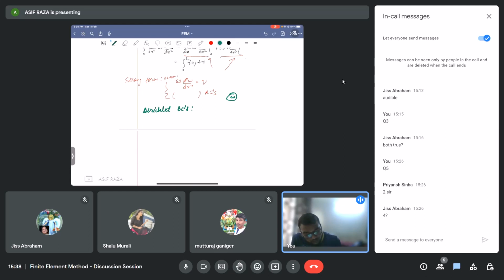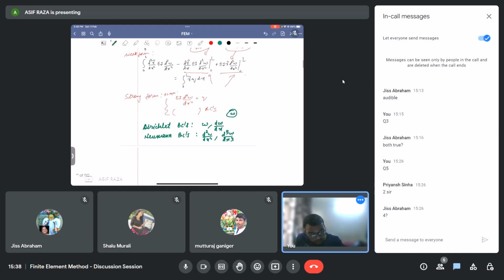So either W at the boundaries or dW by dx will be given. And normal boundary conditions will be d square W by dx square and d cube W by dx cube. Either this will be given or this will be given or both will be given, but not at the same node.